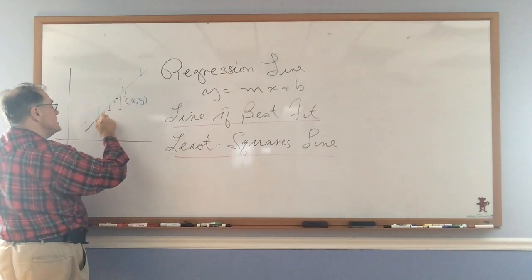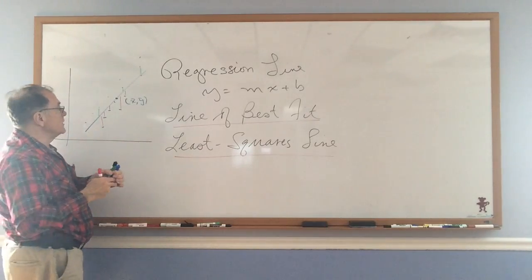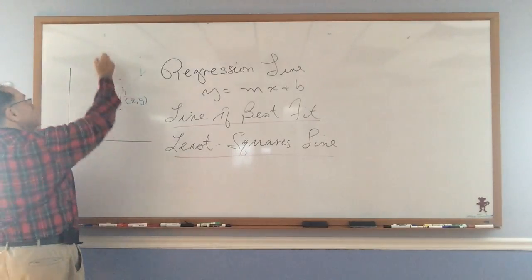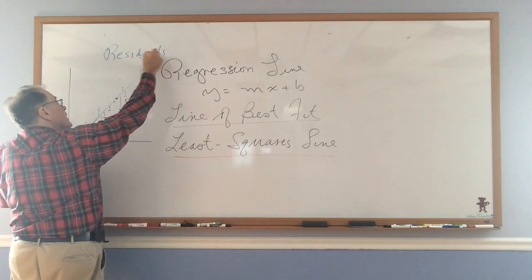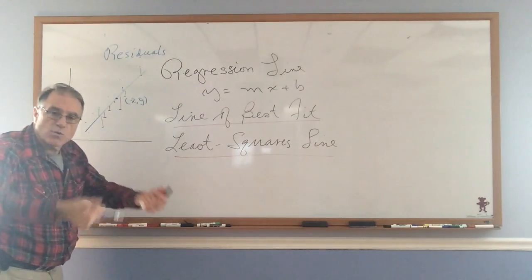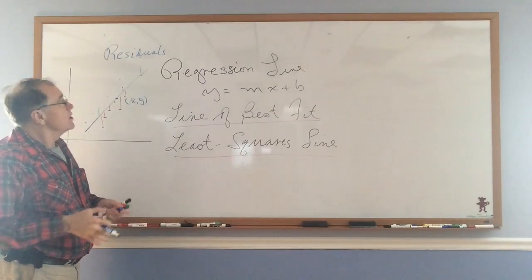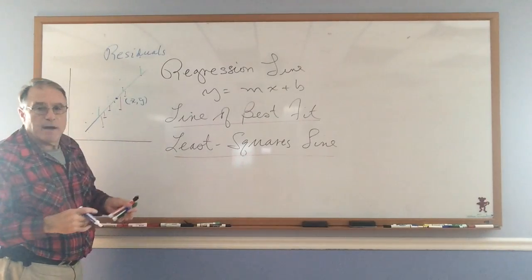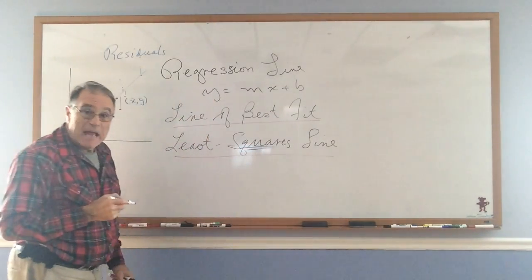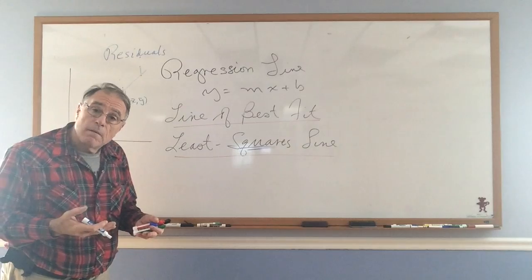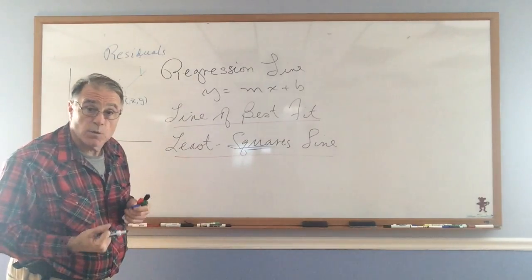So these differences or distances are called the residuals. Above the line, the residuals are positive, and below the line, the residuals are negative. So to nullify the negative-positive effect, we square the residuals, and then we can add them up. So we would come up with a sum of the squared residuals.